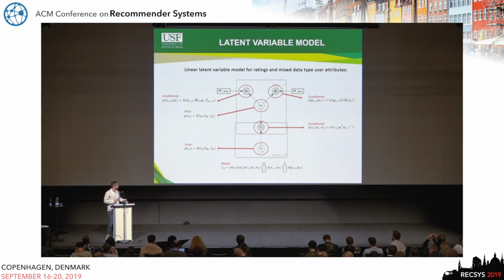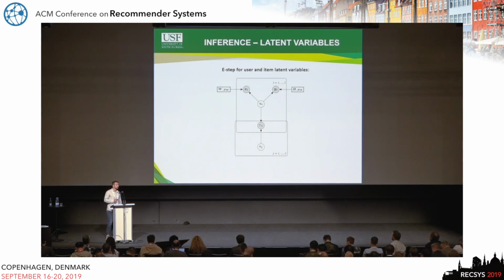We optimize this model by using the observations, the ratings, and the user attributes. In this work, we use the variational EM algorithm, the expectation maximization algorithm, to optimize the model.